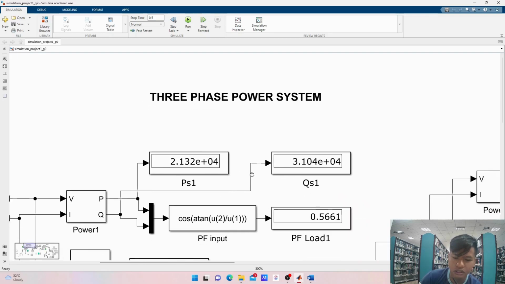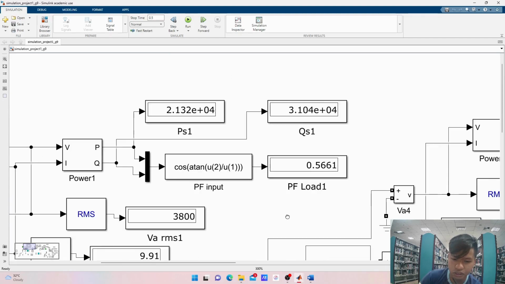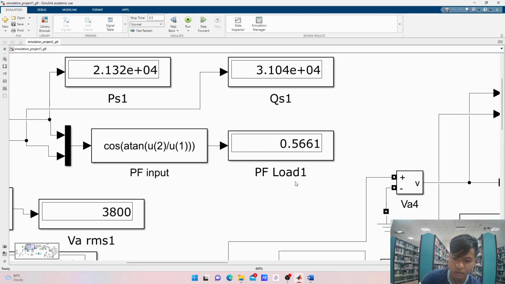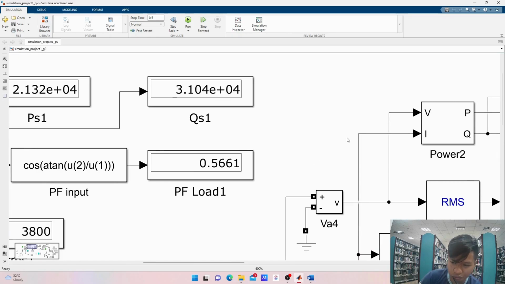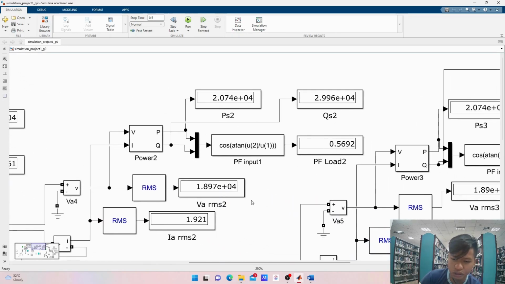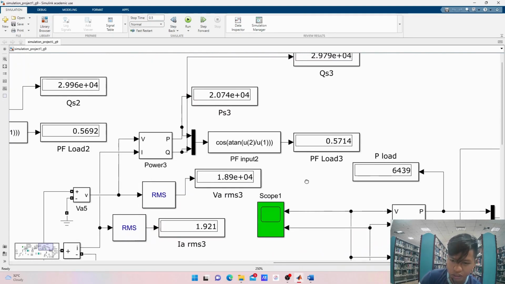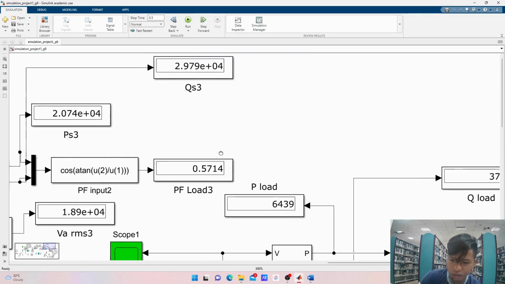For the first transformer, it increases too. This power factor is improving, and the second power factor also increases and improves. The values used to get the power factor are also improving, and so is this power factor.